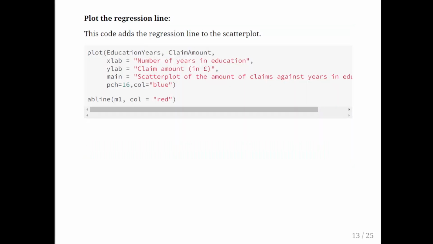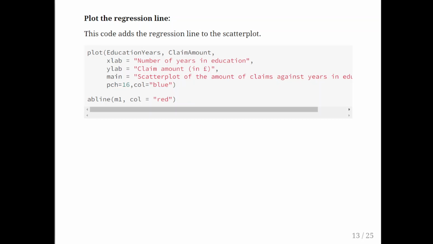So what we're going to do now is plot the regression line. I'm going to work with the plot I've just created already, and I'm going to make one additional enhancement. I'm going to put in abline, or basically draw a line over it using abline. M1 is the model object, but essentially what's going to happen here is it is just going to extract the coefficients, the slope estimate and the intercept estimate, and use that to create a line that we're going to superimpose over the plot.